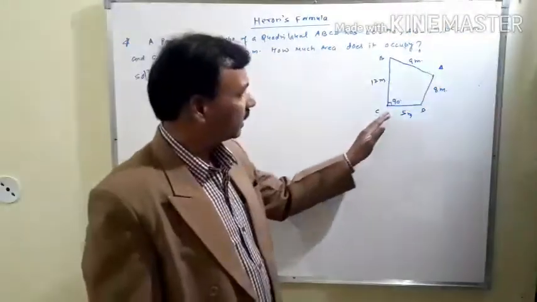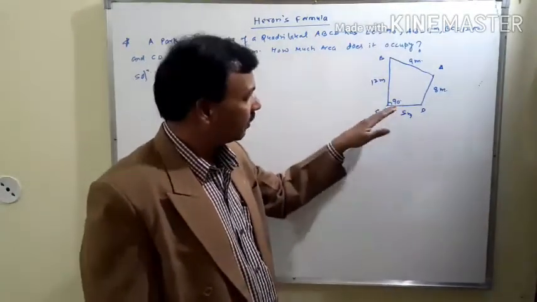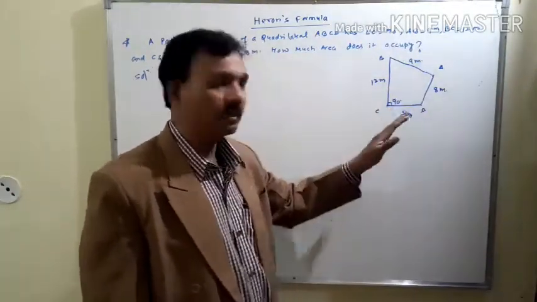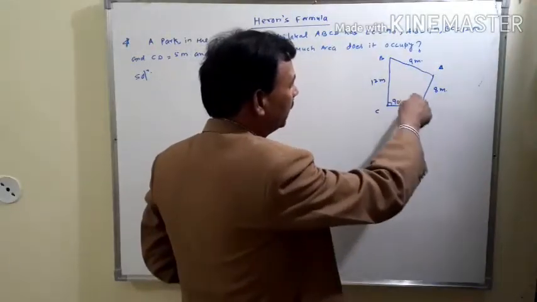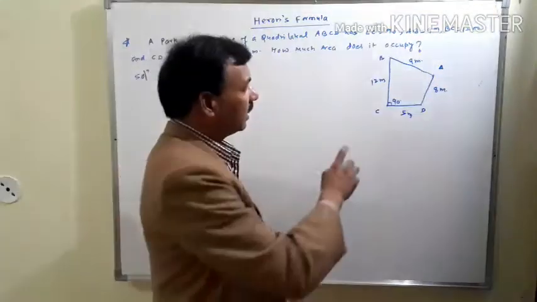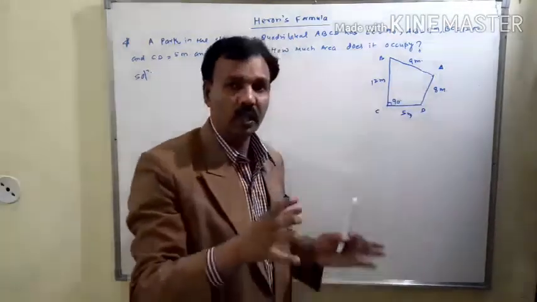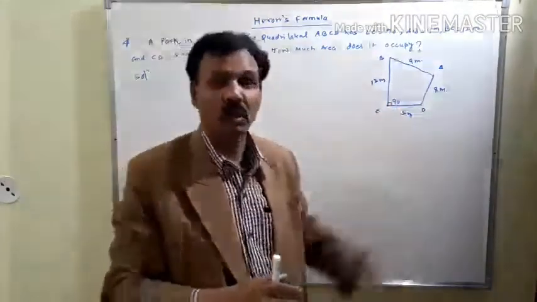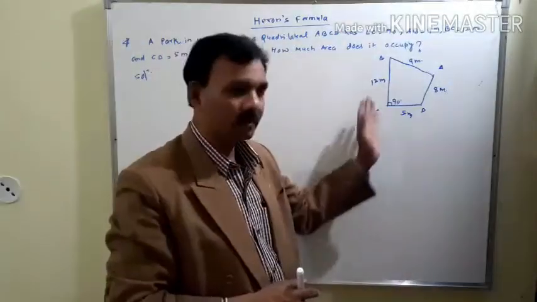If we join AC or BD, then this quadrilateral divides into two triangles. But if you join AC, the length of AC you can't find, because there is no clue how to find the length of AC.